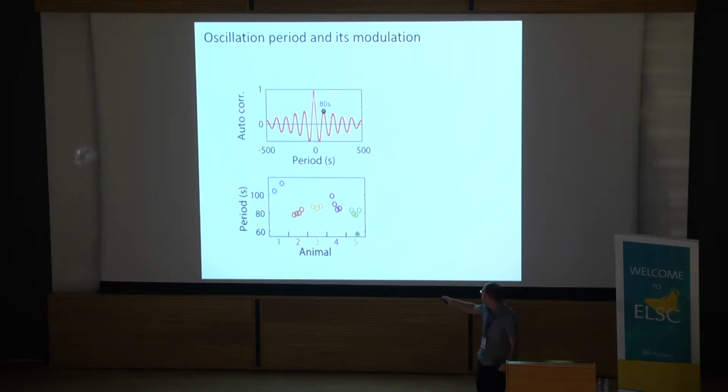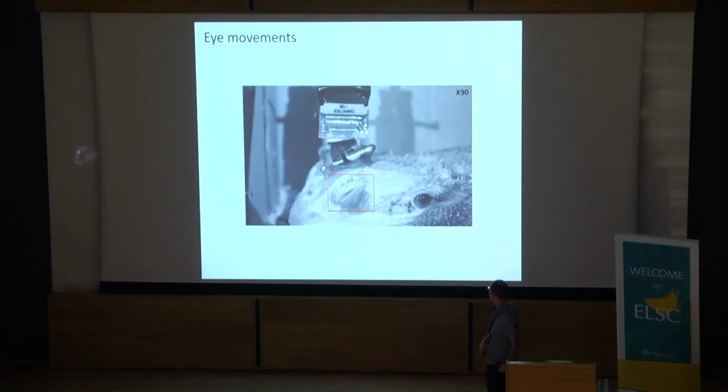But if we cool the room to 24 degrees, it's increased to 110 seconds. And if we heat the room, it decreases to 60 seconds. So somehow the whole neural circuitry organizes with temperature and changes its rate. This oscillation, the period increases slightly over the night.